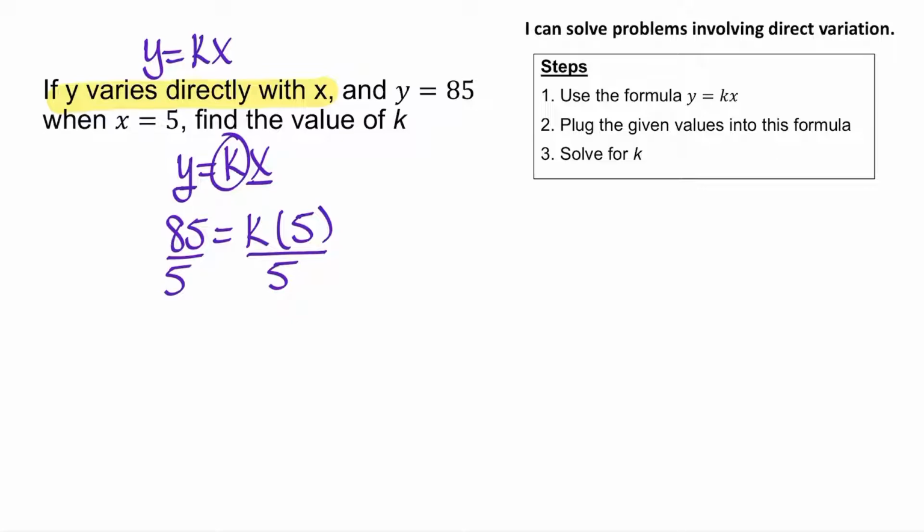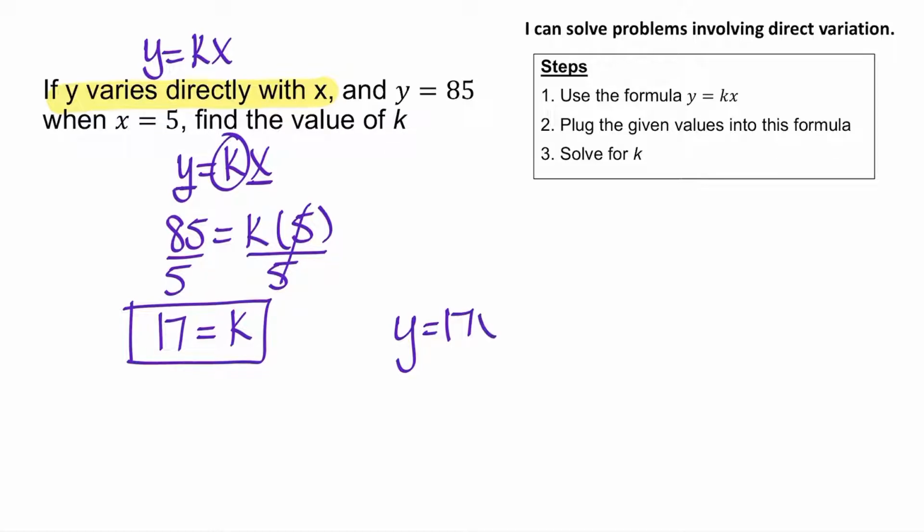On the left side I get 85 divided by 5, which is 17. On the right side, 5 and 5 cancel, so I have 17 equals k. That is my constant of variation, and I can use that to write this equation. This direct variation relationship can be modeled by the equation y equals 17x.